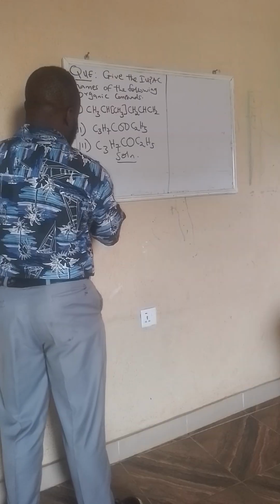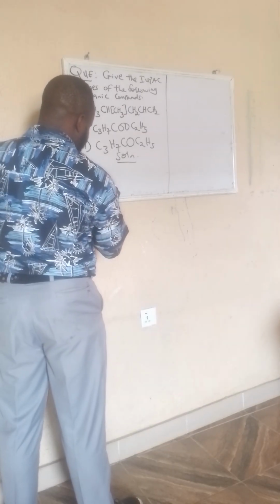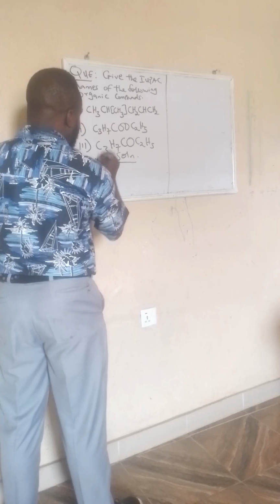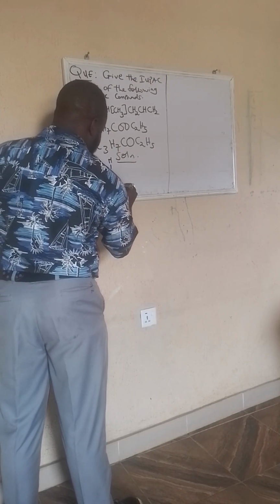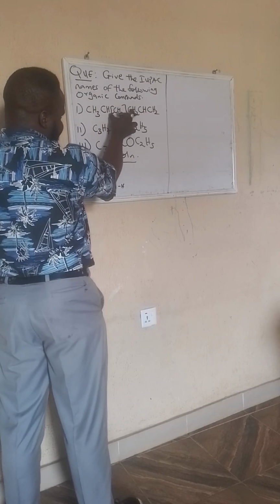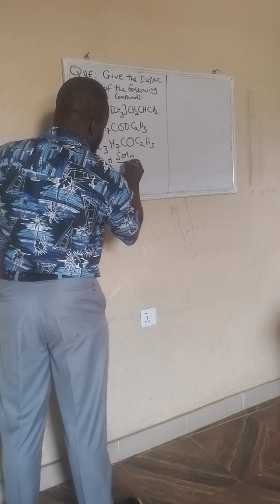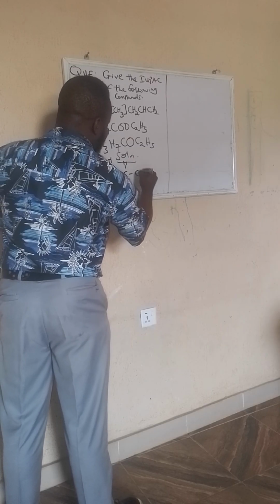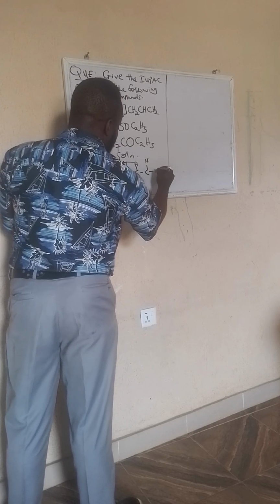So for the first one, this is CH3, CH, then CH3 in brackets attached to the CH, and I have CH2, then CH and CH2.